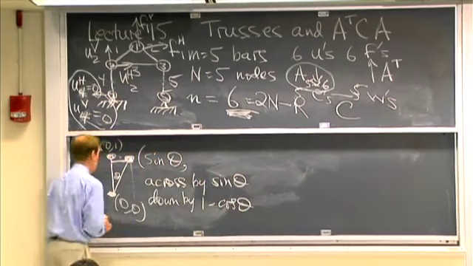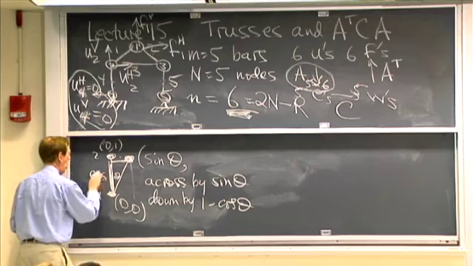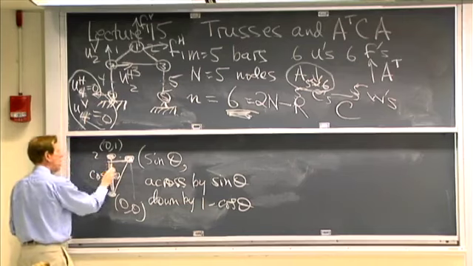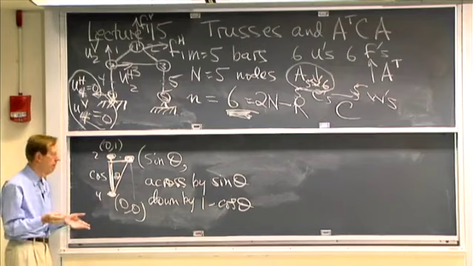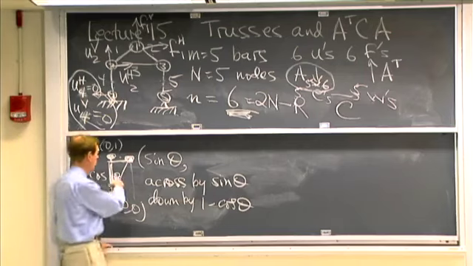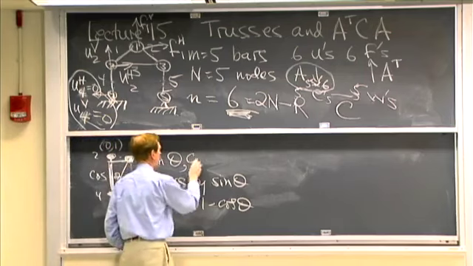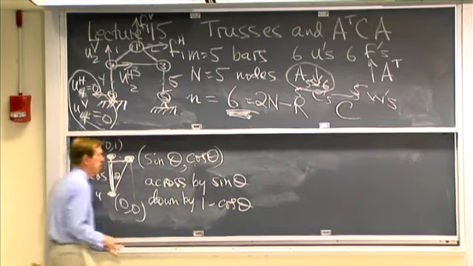Are you agreed with that? Because here's cosine theta right there, and here's the little bit it moved down. Okay. So now these are exactly correct. This is in the position sine theta, cos theta, and the difference was 1 minus cos theta.